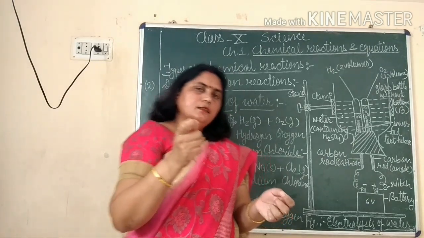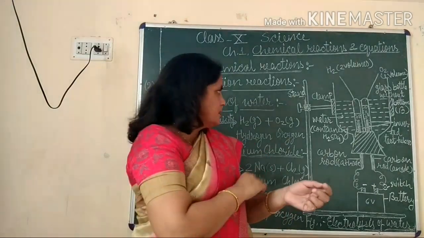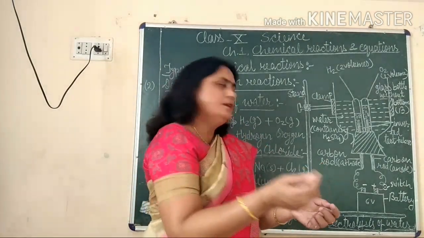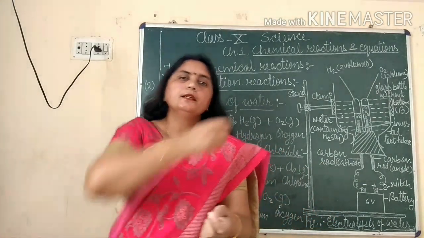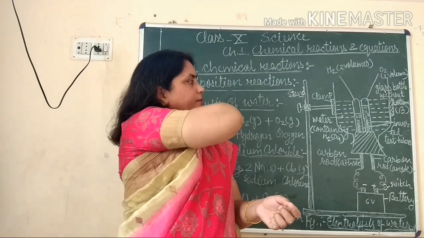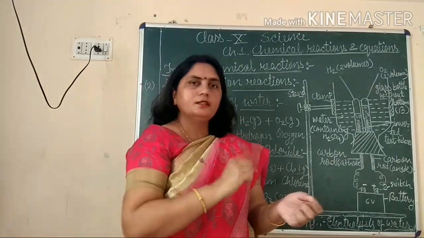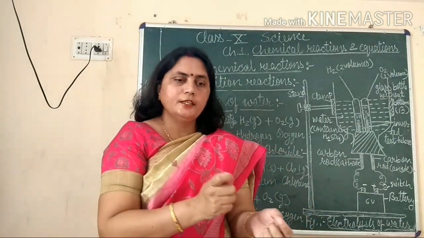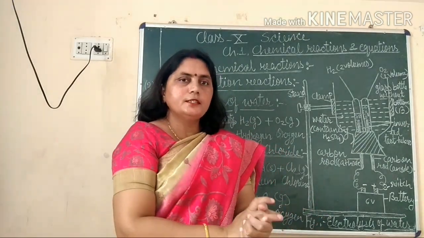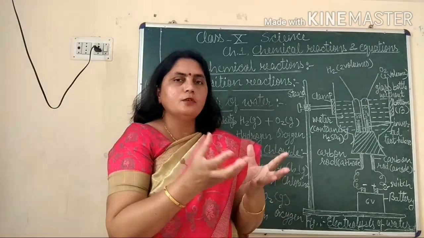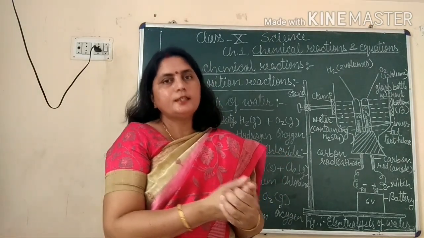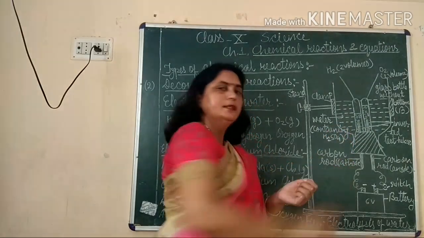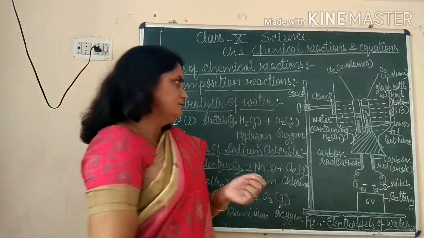Now we bring a burning matchstick or candle in contact with this gas, near the mouth of this test tube. What you will see is that a pop sound is produced. What does it prove? Yes, in this test tube there is hydrogen gas.